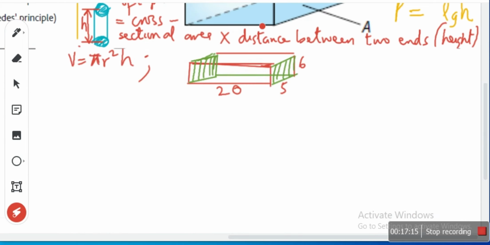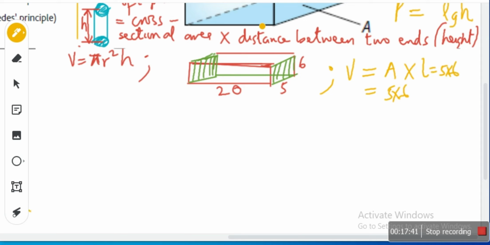All right, let me now write the general formula. Anyway, you told me the volume of this one. Let me just write it down so that we don't forget. Volume of this one will be cross-sectional area times height, or length, which would have been 5 times 6 for this cross-section, then times the length, 20.